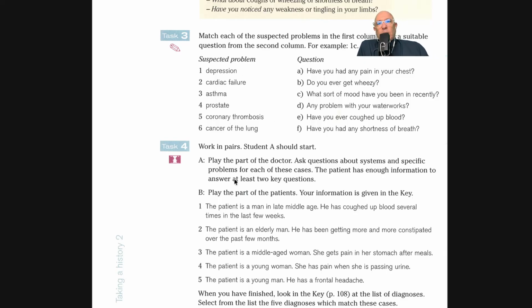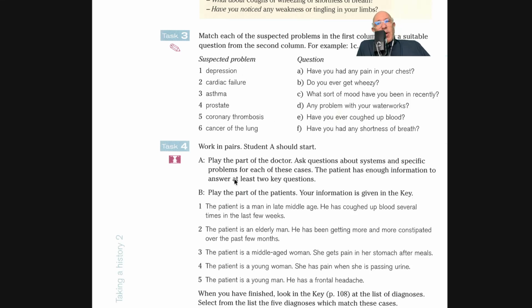Prostate. Any problem with your waterworks? Waterworks is something that we would probably not use very much in American English, and it'd probably be any problem urinating, etc. And there's other ways to state that. 5, coronary thrombosis.